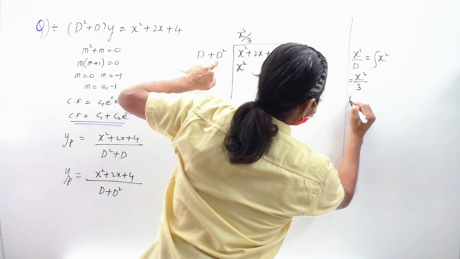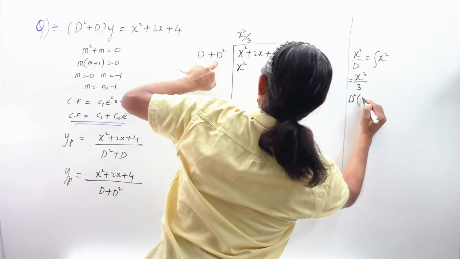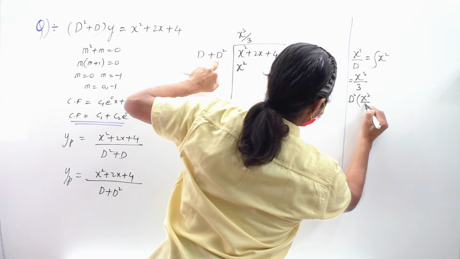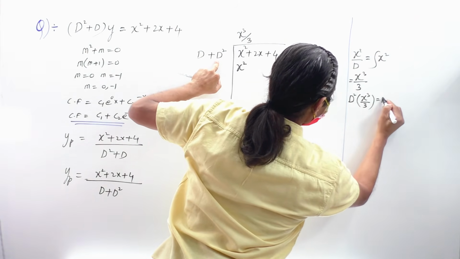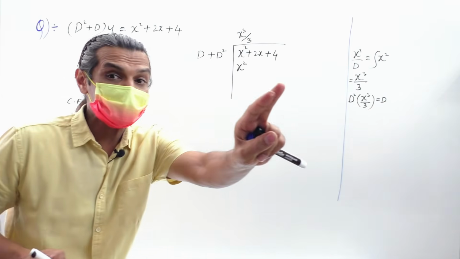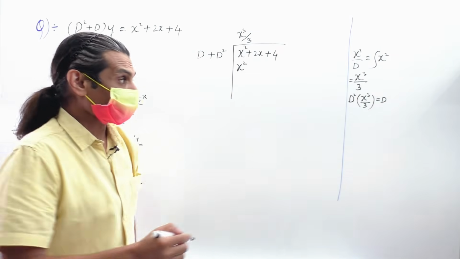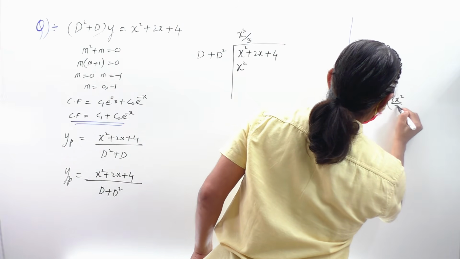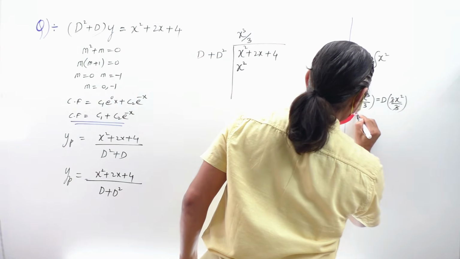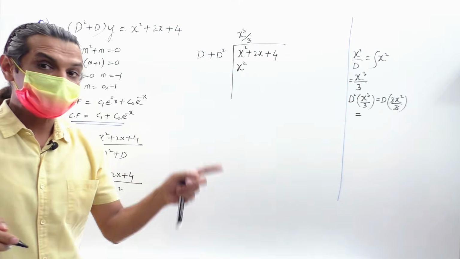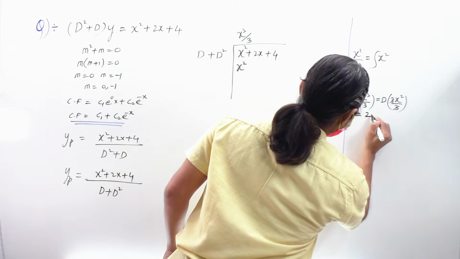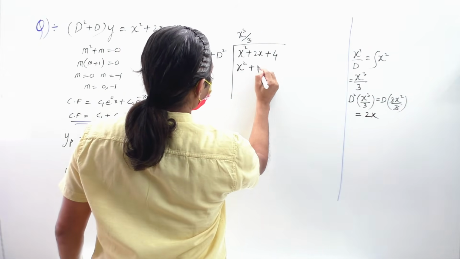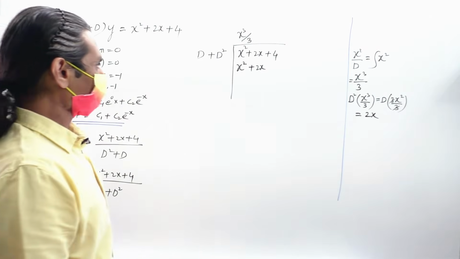Now, d square into x cube by 3 means differentiate 2 times. First differentiation is 3x square whole divided by 3. 3 cancels. Again, differentiation of x square is 2x. So, plus 2x. Done.